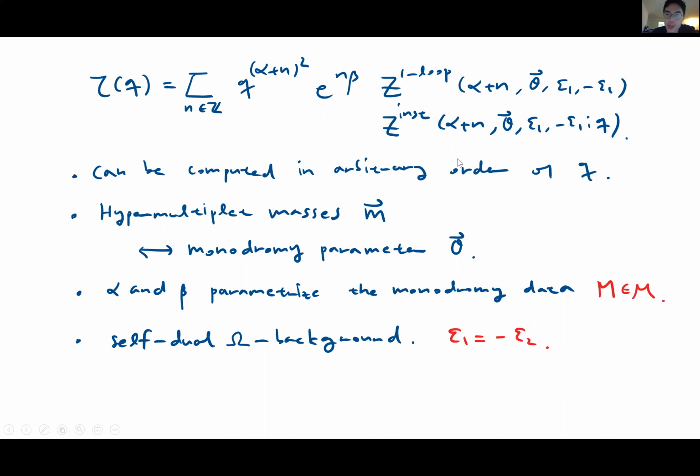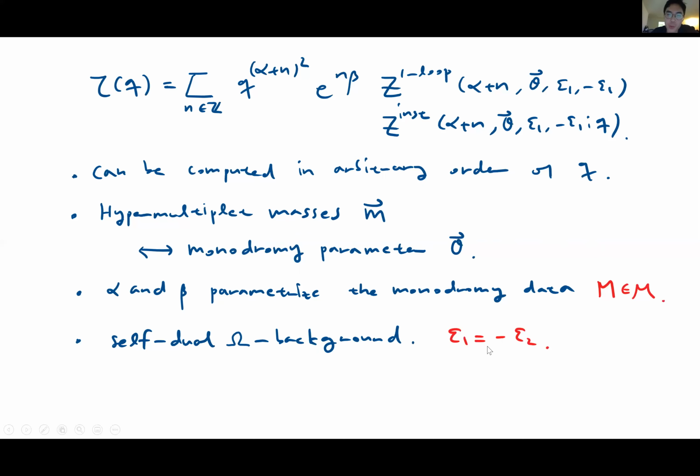You have to somehow regularize this by introducing a supergravity background. So it has two parameters, epsilon1 and epsilon2. But you see that this is epsilon1 comma minus epsilon1, which means epsilon2 is identified with minus epsilon1. And this is sometimes called the self-dual omega background.